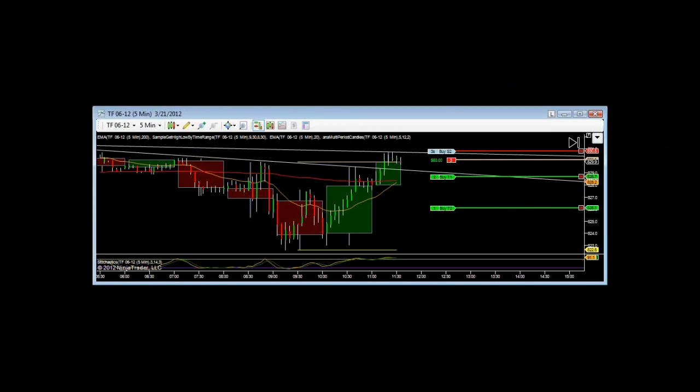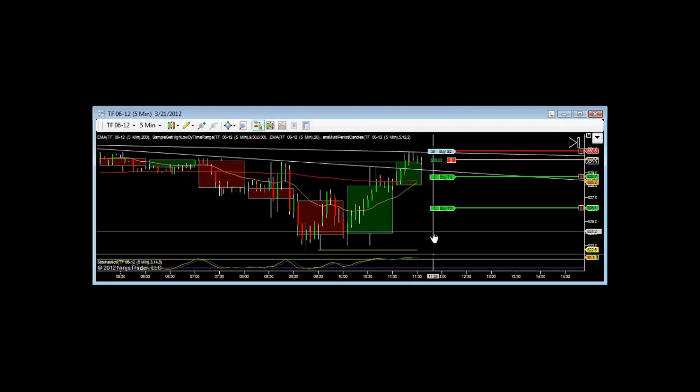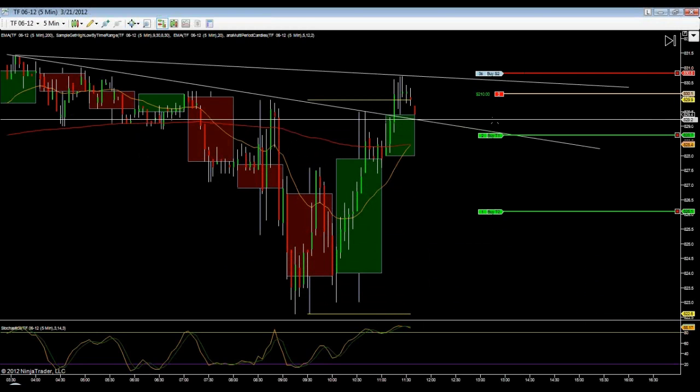I want to see this catch some momentum quick to the downside. We don't want it to hang around here for too long, because time is definitely an issue. Each minute and even second that ticks by really does change the dynamics of the trade. So we want to watch this pretty carefully.